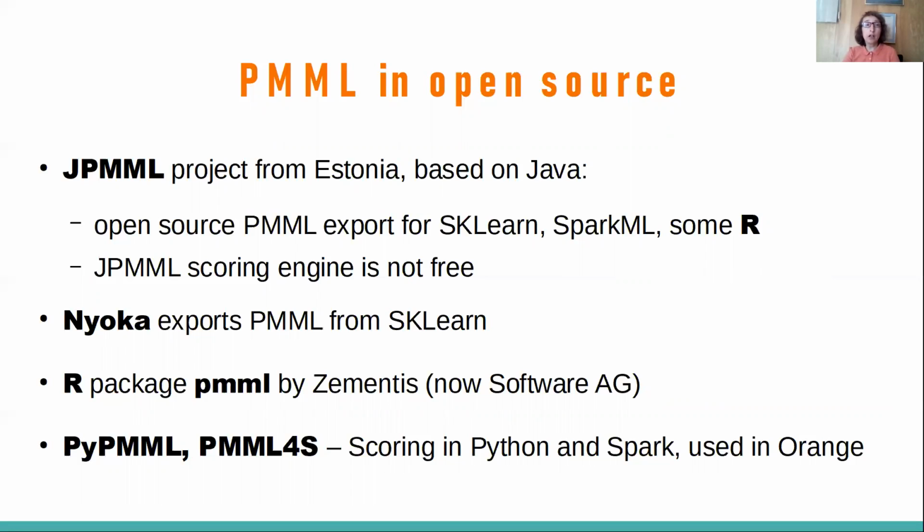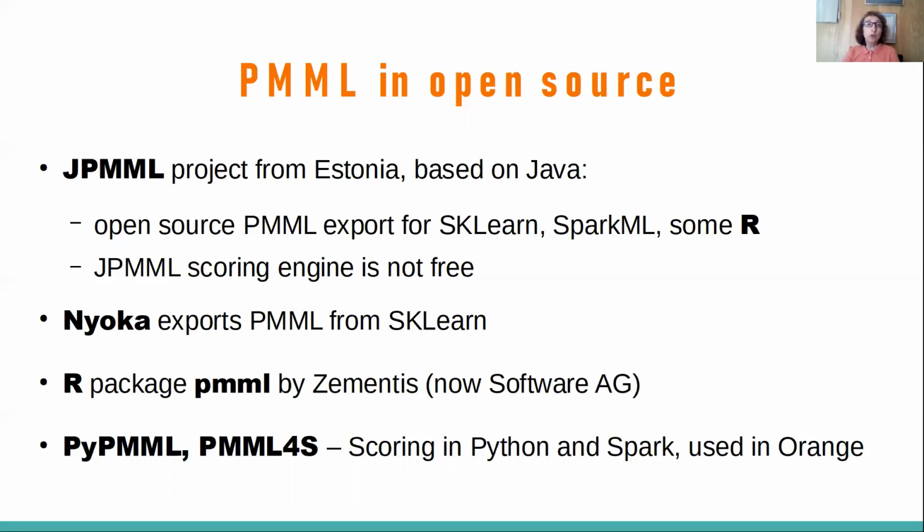And there is R package pmml created by people from Zementis, which was acquired by Software AG. And I think Nyoka also was created by Zementis. Those are packages providing PMML export for R and scikit-learn, respectively.